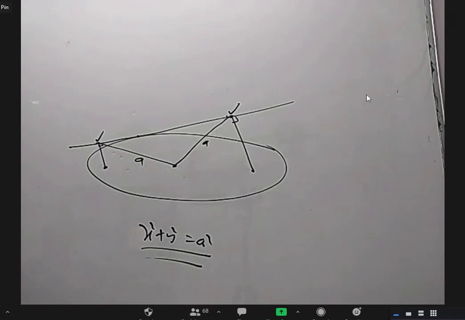Normally we prove by coordinate geometry, but one time when I was discussing the previous point, suddenly I got an idea. This is a very simple follow-up of the previous point.